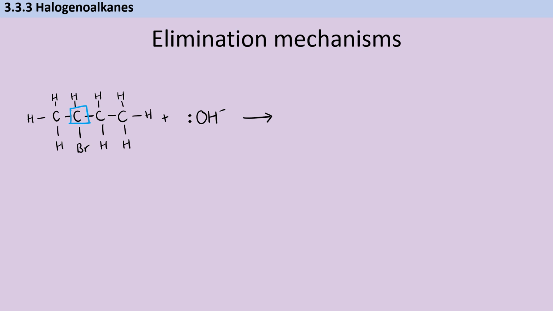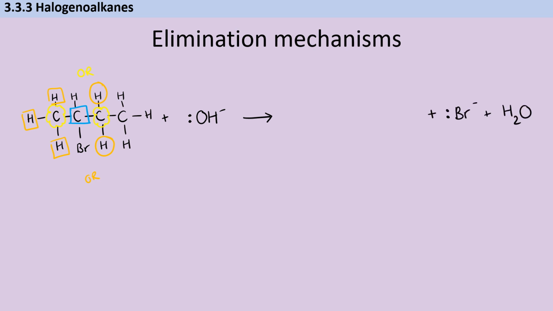And from there I need to move to an adjacent carbon, but I've got two options. Either I could move to this first terminal carbon, or I could move to the third carbon. Then I'm going to be thinking about the hydrogens that are surrounding them. So either these three on the right, or the two up and down on the third carbon, and any of those could be attacked. And depending on which one is attacked, we're going to get different products.